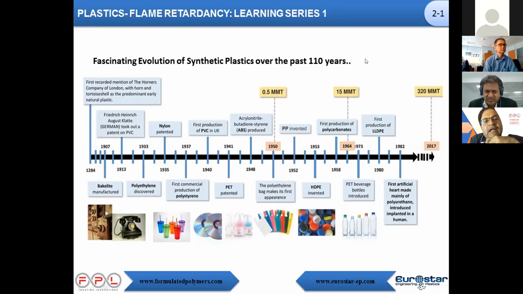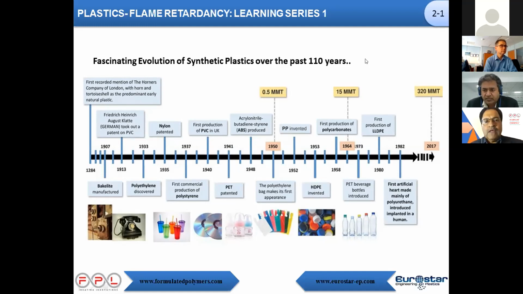Until the time it was used in packaging, in 1950 it was only 0.5 million tons of global consumption. In 1964, it got to 15 million tons. And today, I would say two years ago, it was around 320 million tons. So you can see the kind of growth which has happened.